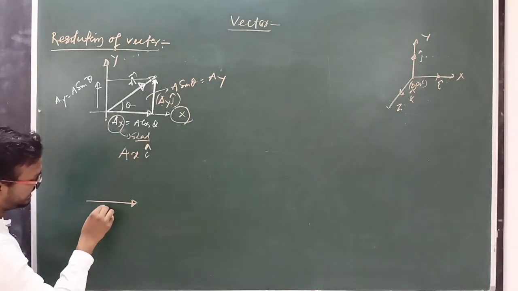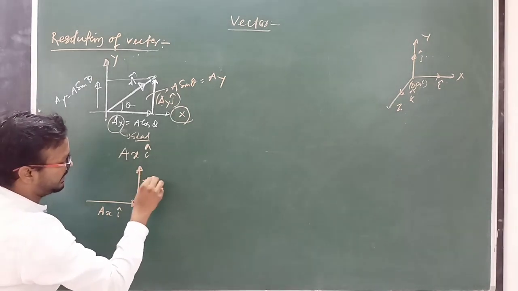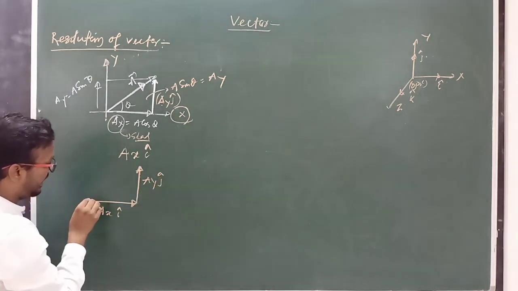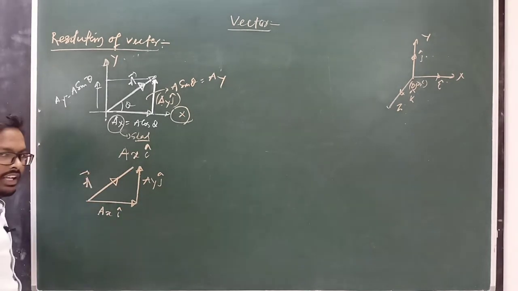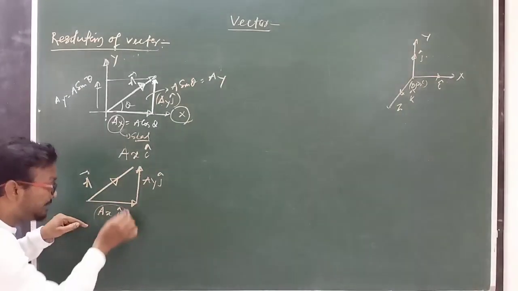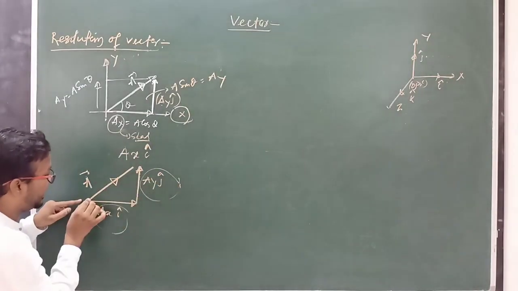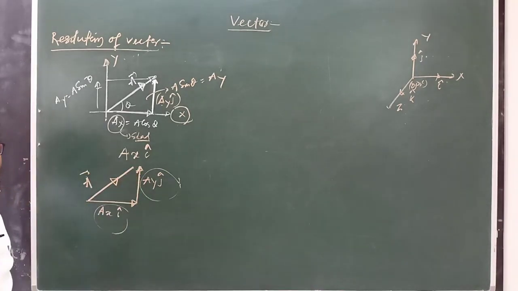So there is the vector. This vector represents ax i cap, this vector represents ay j cap, and this is the resultant vector, that is a vector. And what is a vector? Suppose this vector plus this vector gives the resultant vector, and it is always in the opposite order to that of a and b.